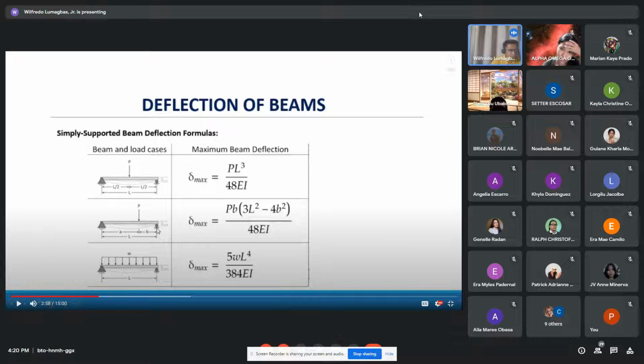And ang units ng big W is either kilonewton, newton, kung sa English system naman, pounds or kips. Kasi kilopounds na ang kips. Or kung ang small w naman ang given, ang unit is kilonewton per meter, newton per meter, or pounds per foot or pounds per inch.